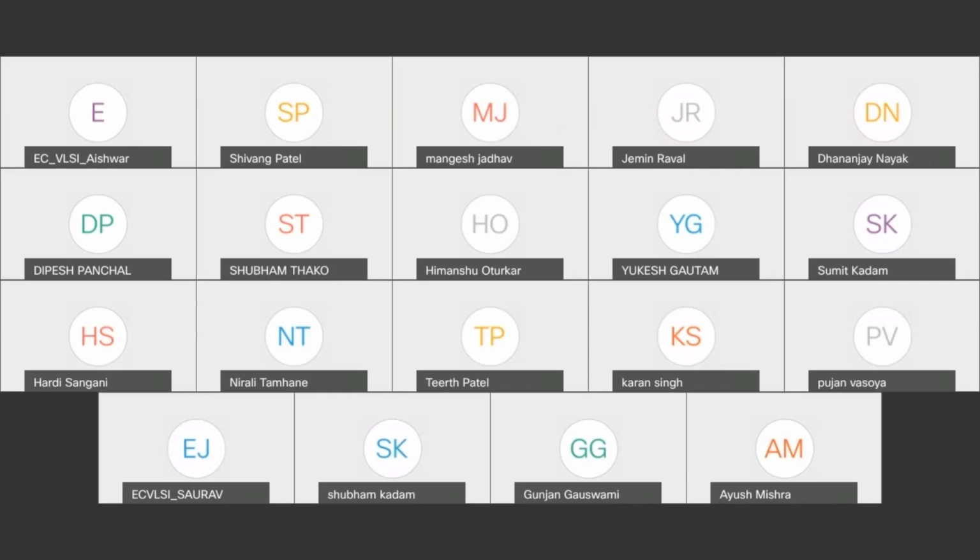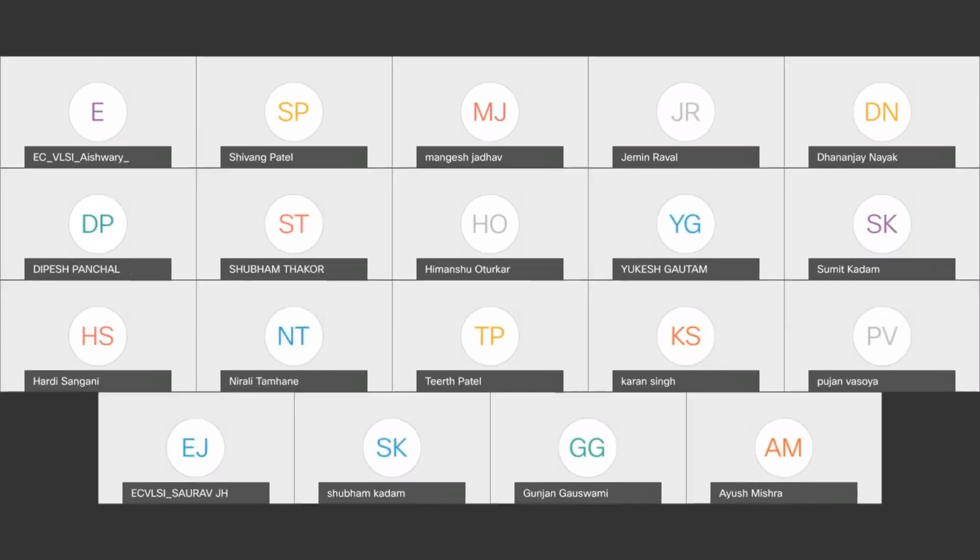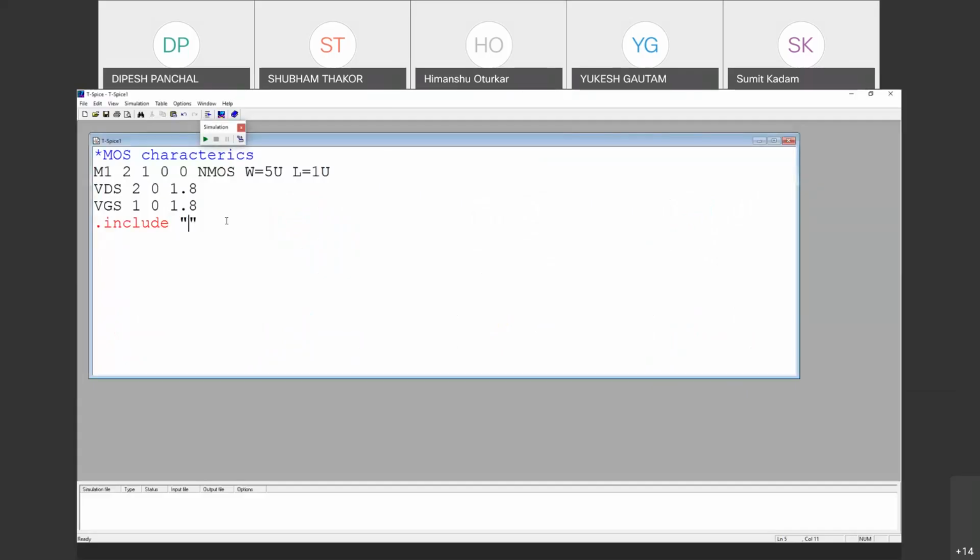It is a notepad file, available in E drive, spice MTech 21 batch 180 nm.txt. If something is wrong, it definitely gives an error. So I have given the path of that model file.